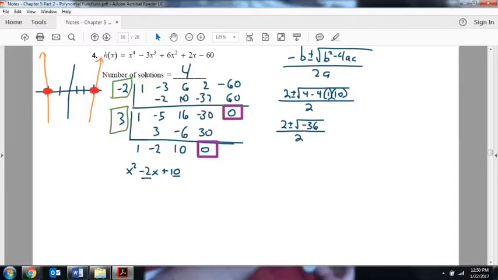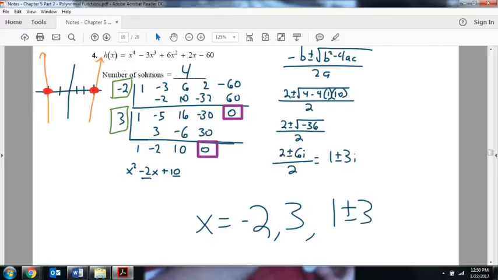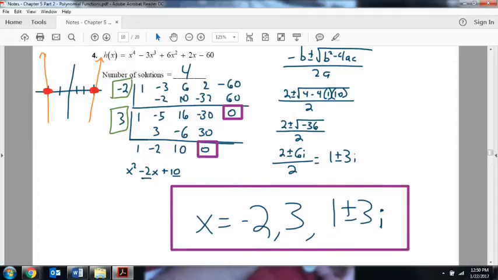So it's 2 plus or minus 6i divided by 2. Which, again, I can divide all those by 2, so that equals 1 plus or minus 3i. So there are your 4 roots. I got x equals negative 2, positive 3, and 1 plus or minus 3i. Sorry, imaginary numbers and radicals are not going away anytime soon. They are still very legitimate answers. There you go.